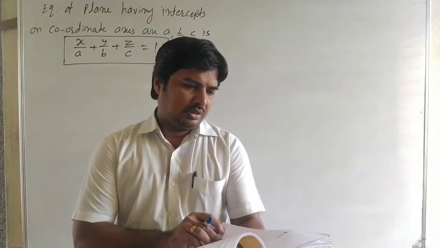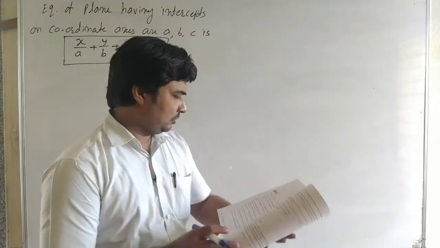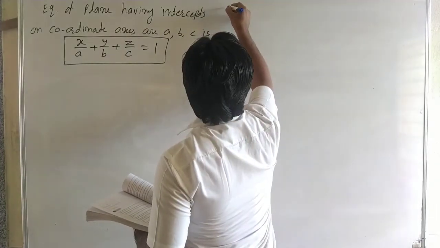Now we see the examples of the equation of plane passing through 3 points. In exercise 6.3, it is example number 11.